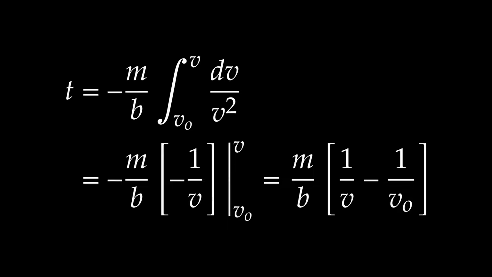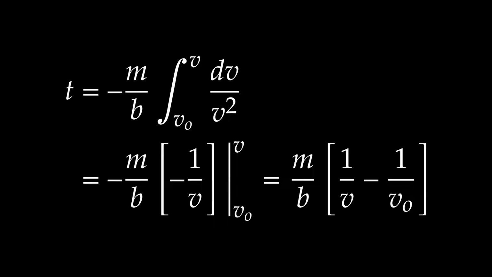So after I do the actual integration, of course, I've identified this before and said before, I'm not done. I have to do final minus initial to this. Notice that I have a negative sign inside the brackets and a negative sign outside. I'm content to eliminate those negative signs for the moment and have m over b, the inside evaluated at v, which is 1 over v, minus the thing evaluated at v naught, which is 1 over v naught.